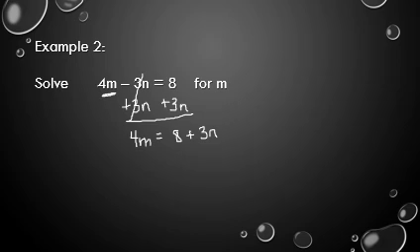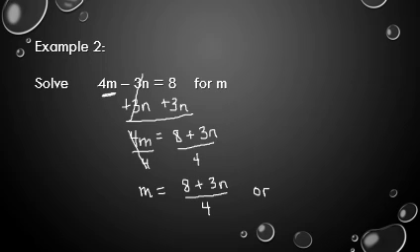Alright, now remember, we're trying to get the m all by itself. There's a 4 in front of it, being multiplied. To get rid of multiplication, we divide. So we're going to divide both sides by 4. Those are going to cancel out, and that gives us m equals 8 plus 3n all over 4.